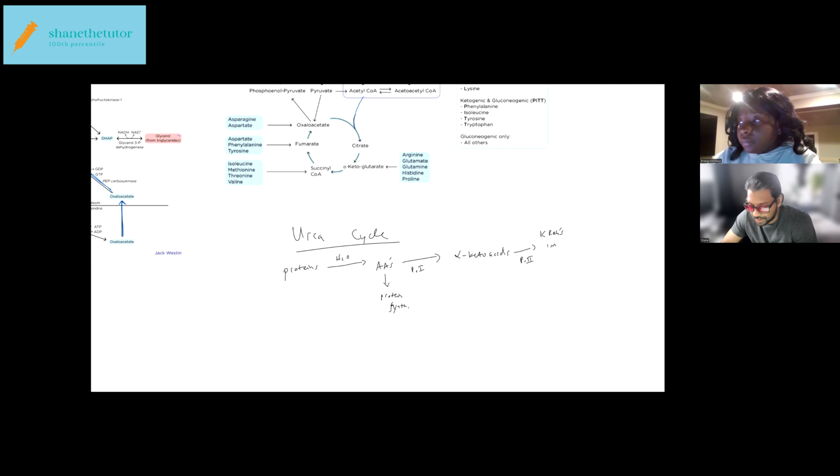And then a phase three where they ultimately end up as ATP and CO2 and water. And now an example of this could be this.